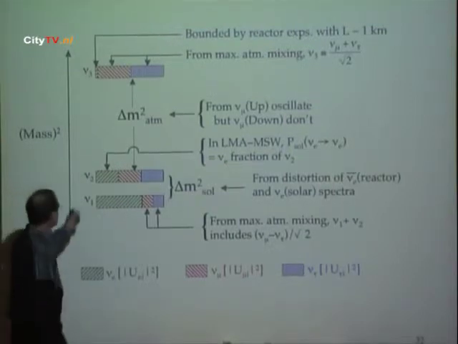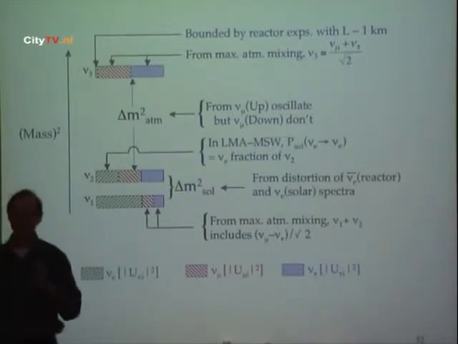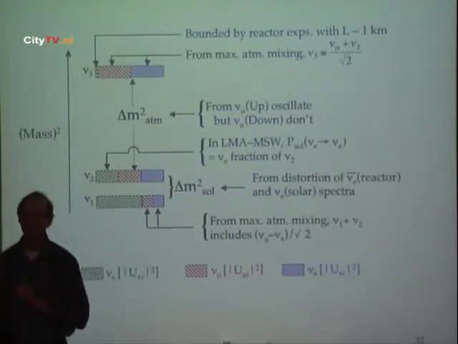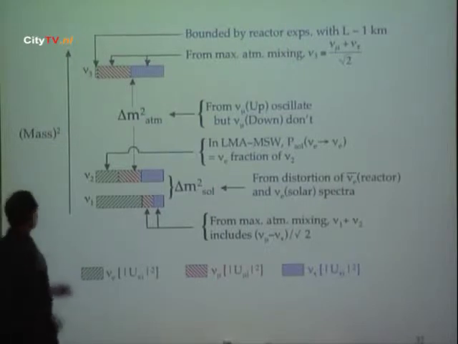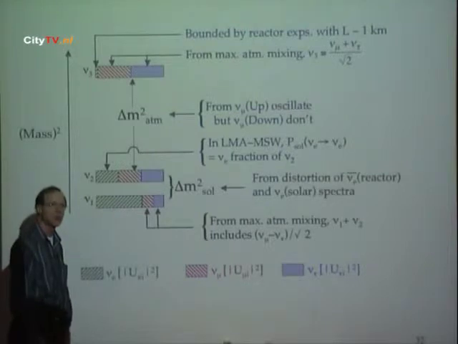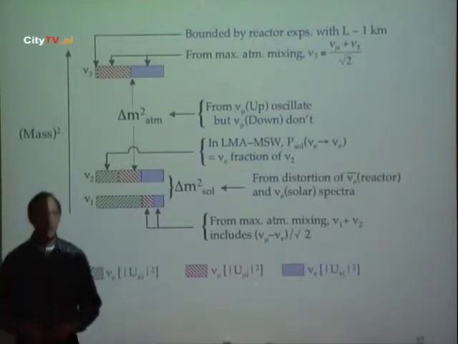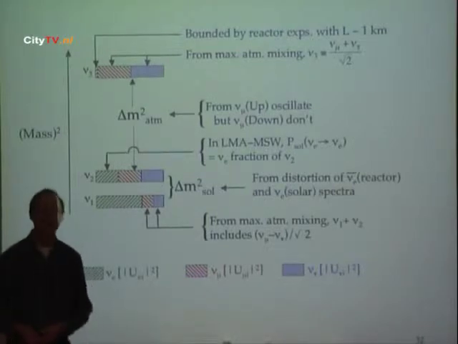The probability that this neutrino from the sun is going to make an electron in a detector that's looking for it to do that is just the nu E fraction of this neutrino, the green fraction. The probability of making an electron by a solar neutrino is measured to be about 1/3.